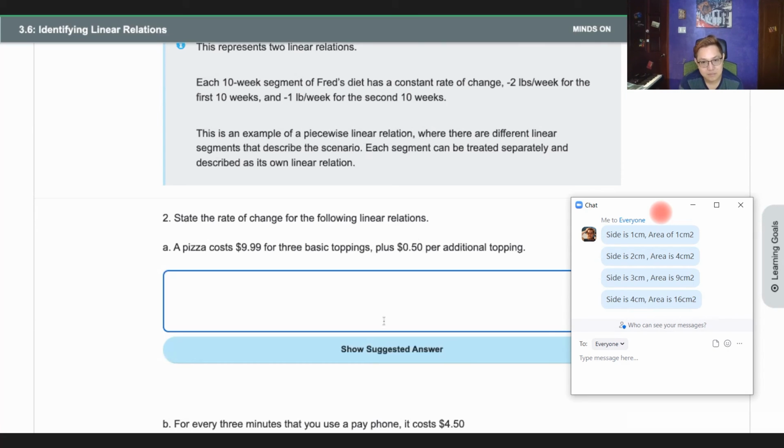So this is pizza costs. Be careful with your grammar. Costs with S. Oh yeah, sorry.